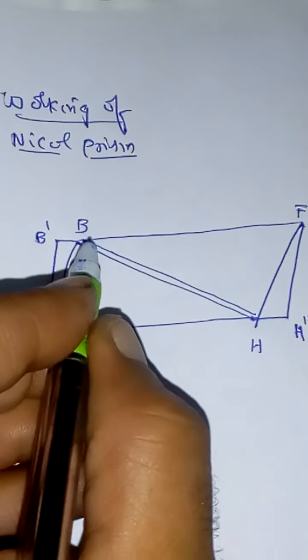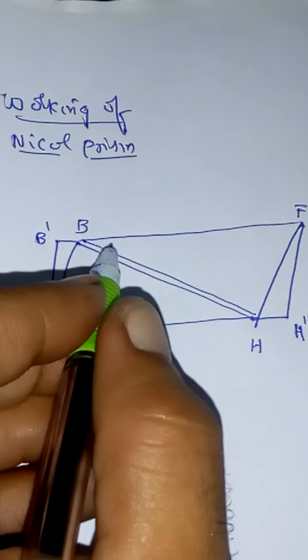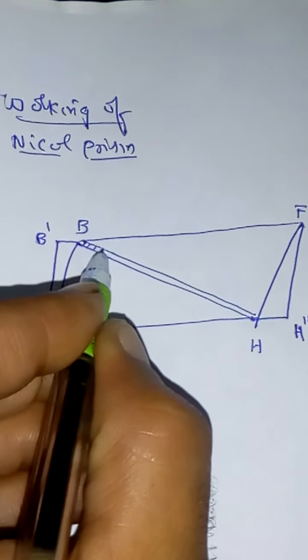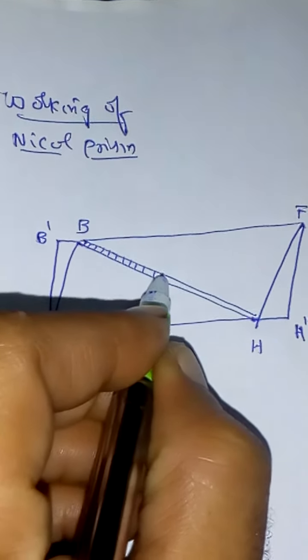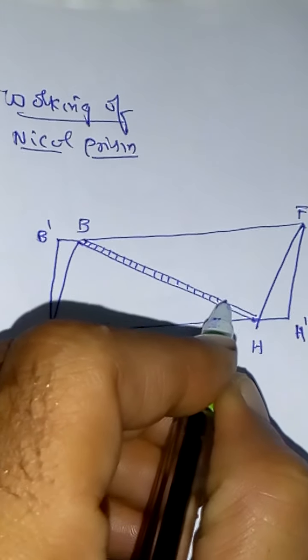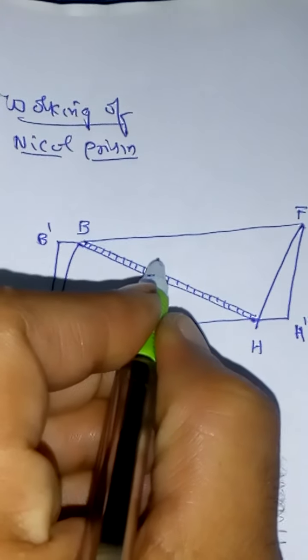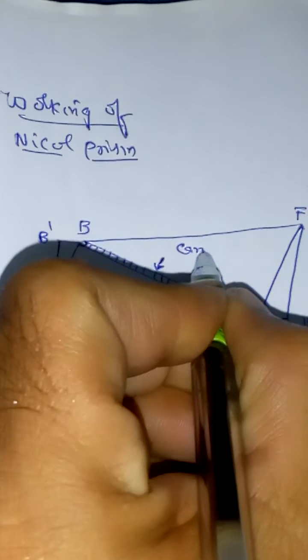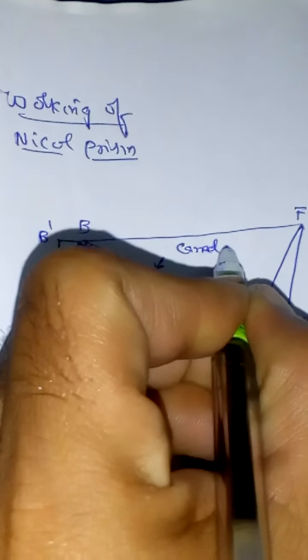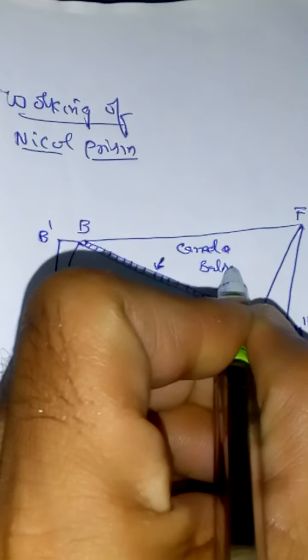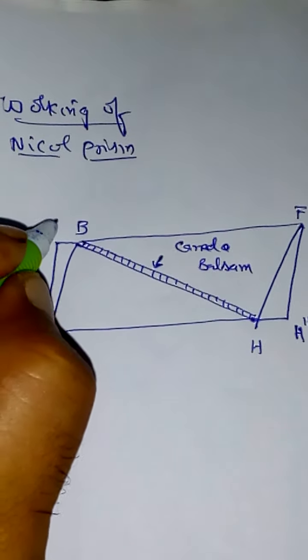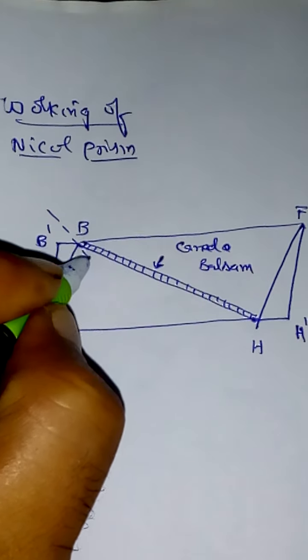Two plates are joined together with, as I told you earlier, Canada balsam. Now this is the optical axis.